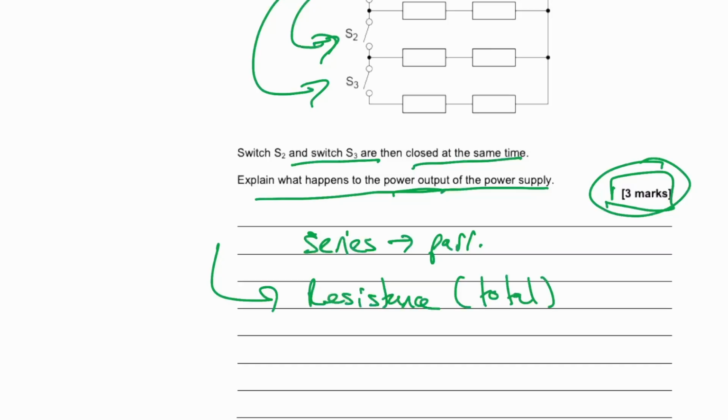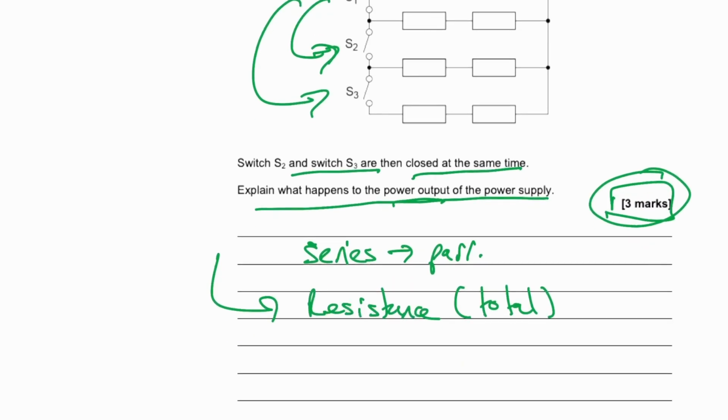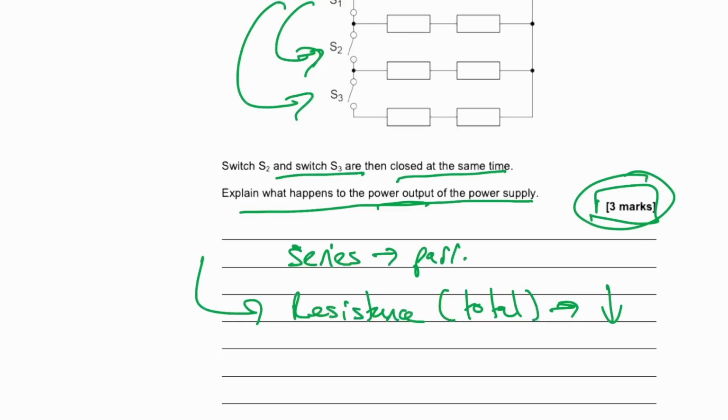We're looking at the total resistance of the whole circuit. What can you say about the whole circuit when you add branches? Hopefully you know that when you go from a series circuit to a parallel circuit, or you add more branches to an existing parallel circuit, you're decreasing the total resistance of the circuit.